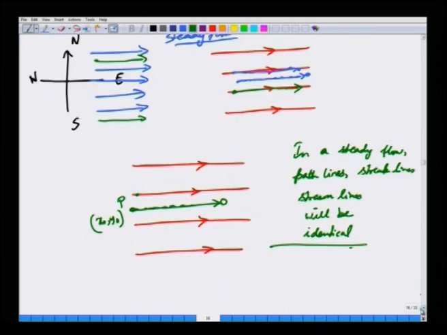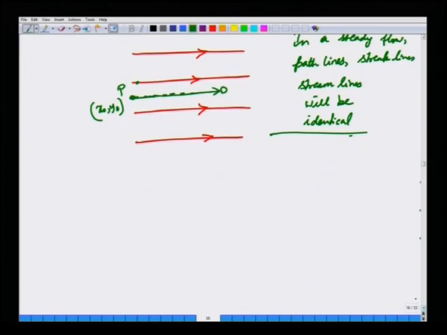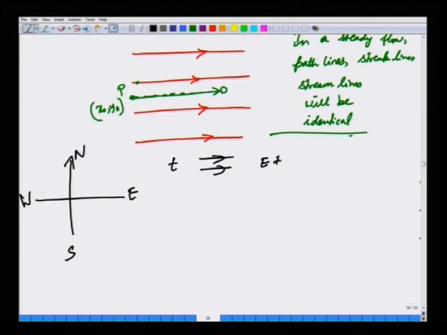What happens if the flow becomes unsteady? We will illustrate with the same example. Imagine that this is north, east, south and west. Initially the flow is from east to west, up to time t naught.